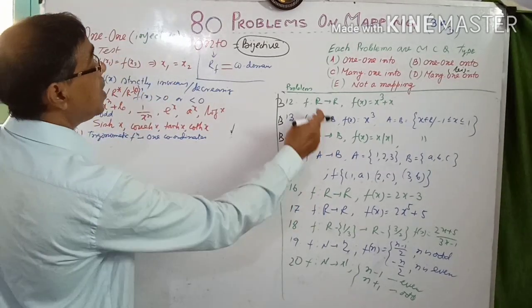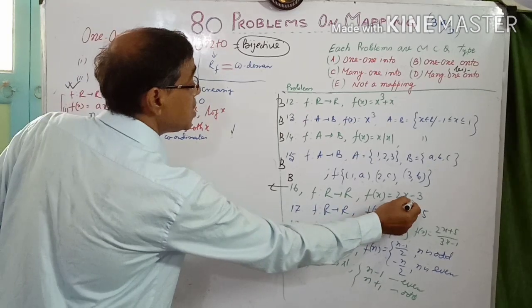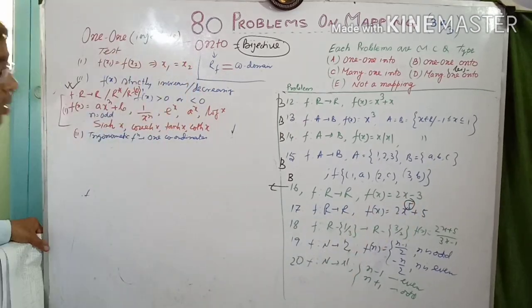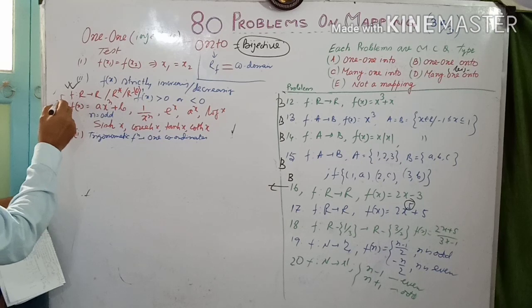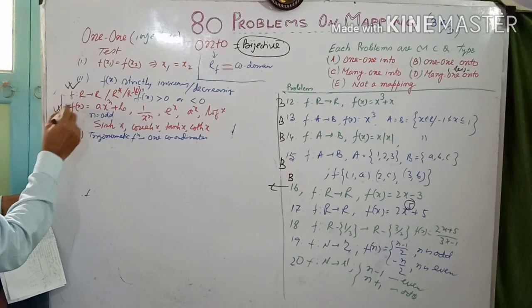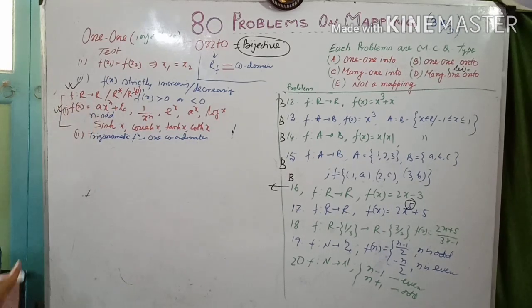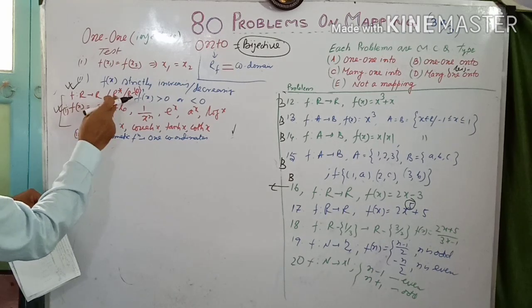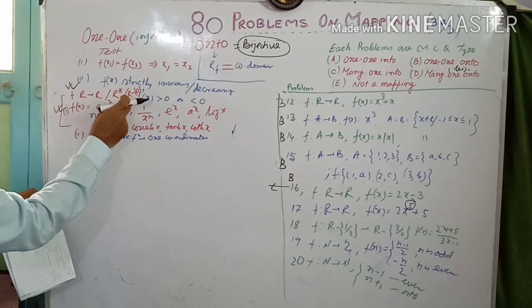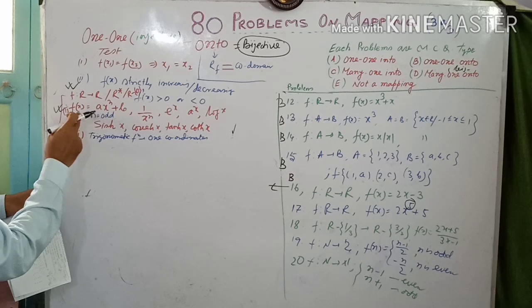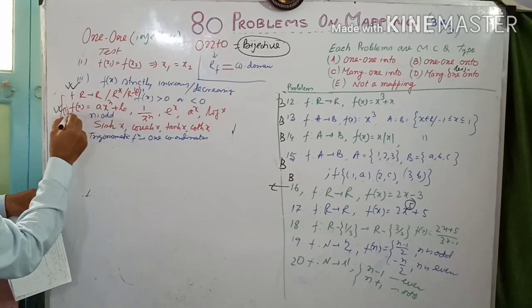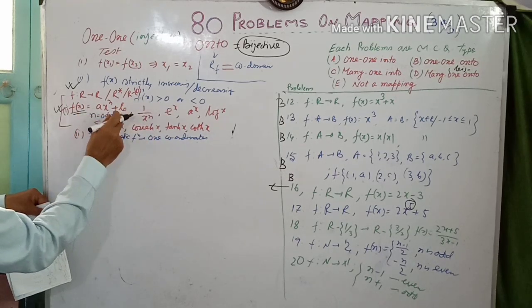Problem 17 is similar to this because this is the odd power of x. This type of problem, if f comes from R to R, then f(x) equals a x to the power n plus b.